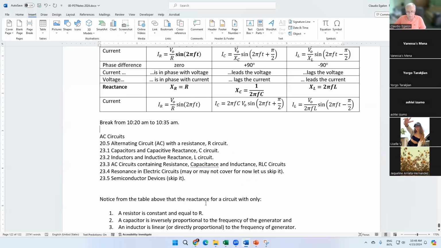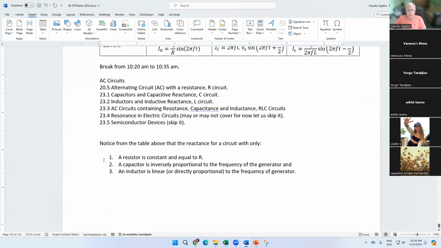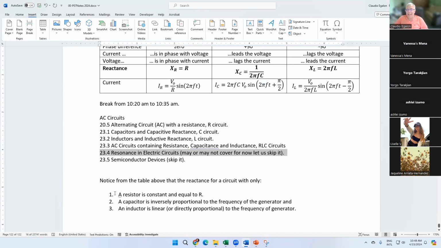What you see right here is important in this section. In order to achieve resonance with those AC circuits, we can change the frequency of our generator. Not just the frequency of the generator, but we can also change the capacitance or the inductance of the circuit.